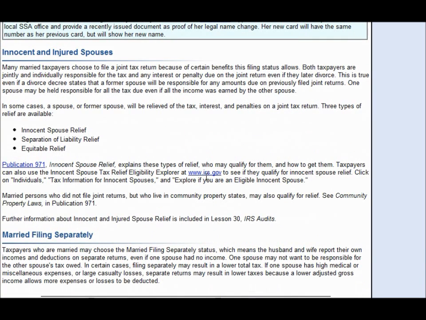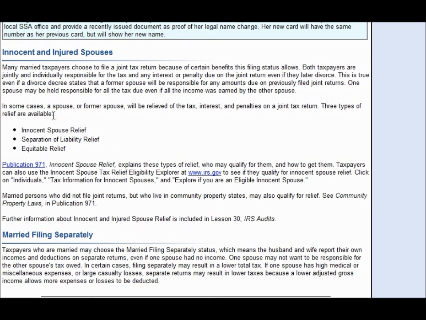Now, let's take a second to talk about innocent and injured spouses. Many married taxpayers choose to file a joint return because of the benefits. But one spouse may be held responsible for all of the tax due even if all the income was earned by the other spouse.